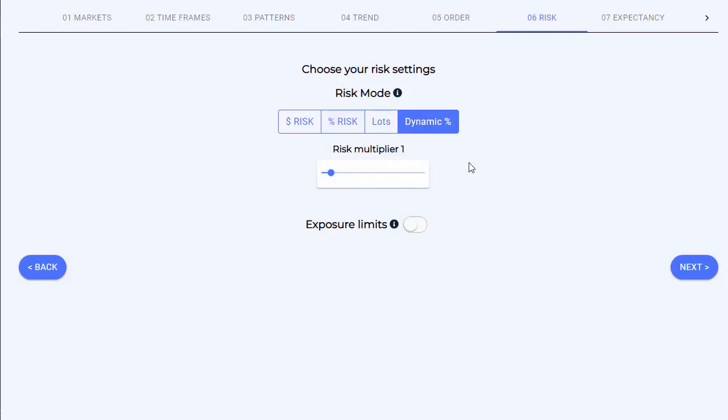There we go. And what the dynamic does is it does what a manual trader might do, which is to adjust the amount of risk based on the trade that's come through.